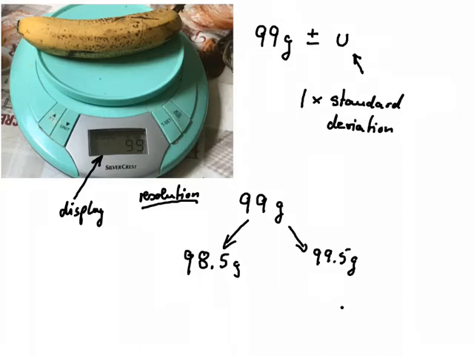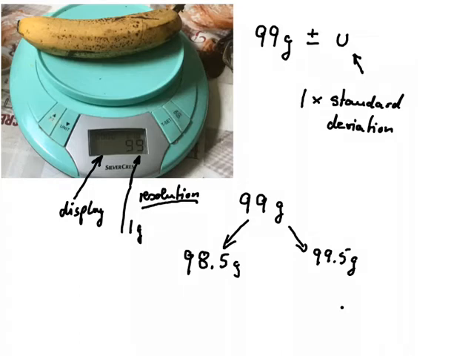Because we can see only to 1 gram here, and that is the resolution, 1 gram. So if the banana was 98.5 grams, it would be rounded up to 99 grams.